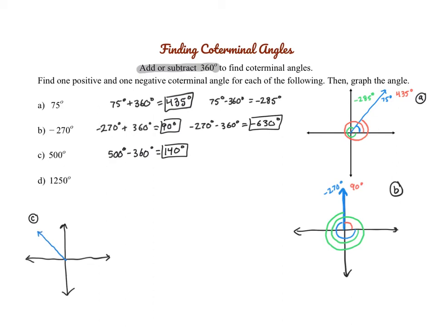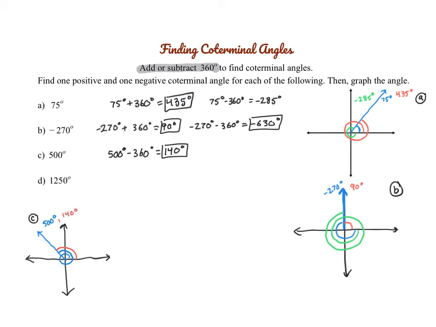It's probably a good idea to find that smaller positive angle so you know where to graph it, because with 500, it might take you some time to figure out where that would be. To graph 500, that's bigger than a full rotation, so we go all the way around plus some. The blue represents 500 degrees. Red represents a positive 140, so it's just from here to here.